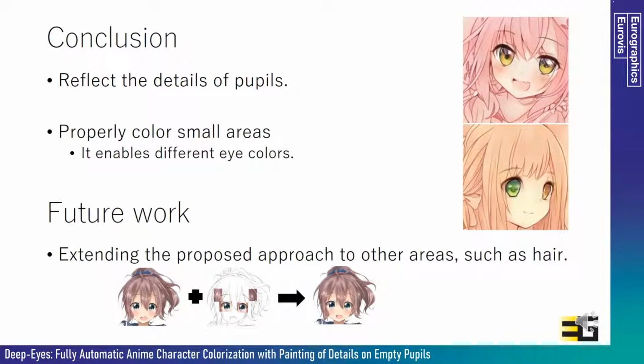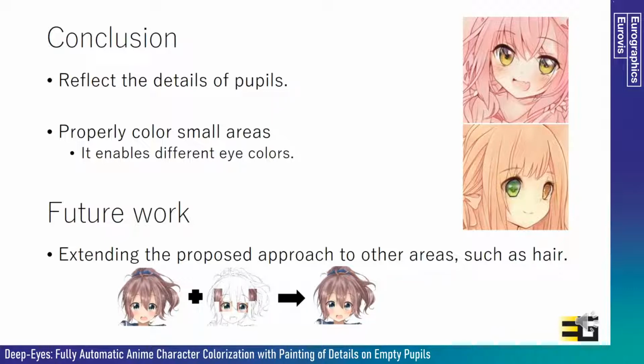We propose a system that can colorize an illustration in a way that reflects the details in reference image pupils. Our method accurately colorizes small areas of pupils by predicting eye positions. To enable the painting of details on empty pupils, edges around pupils are erased in the line drawing.